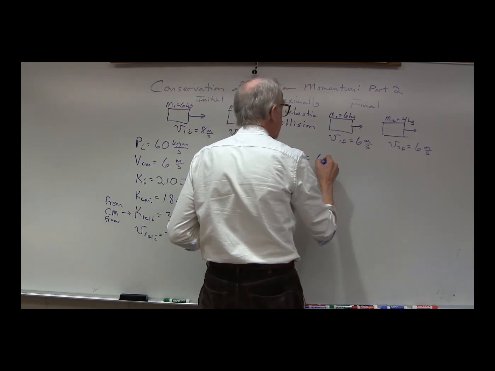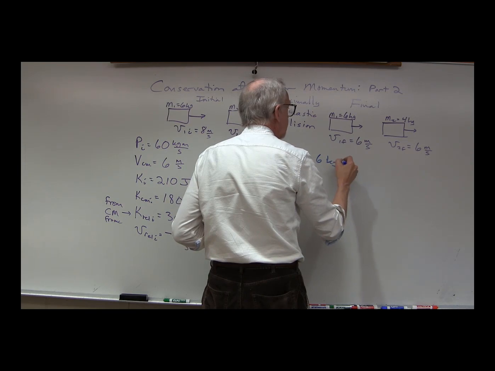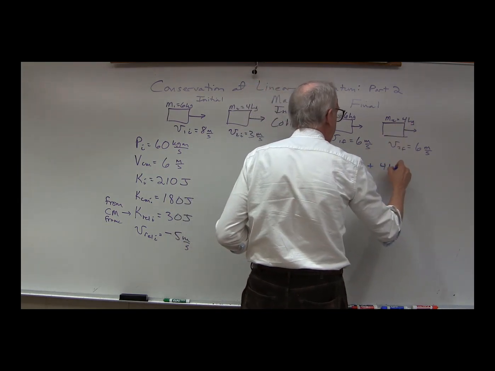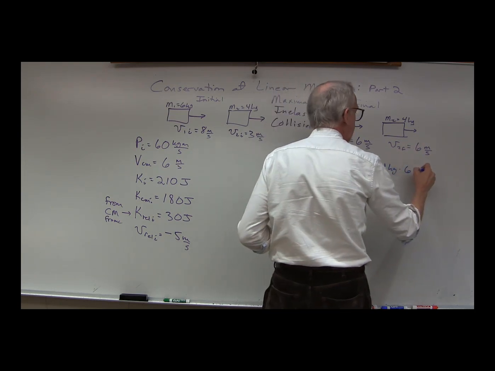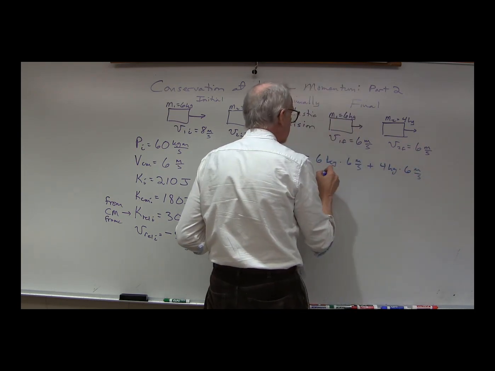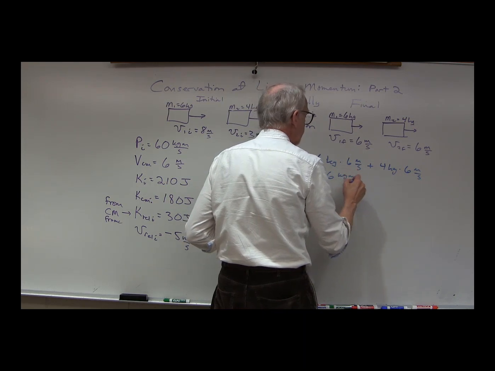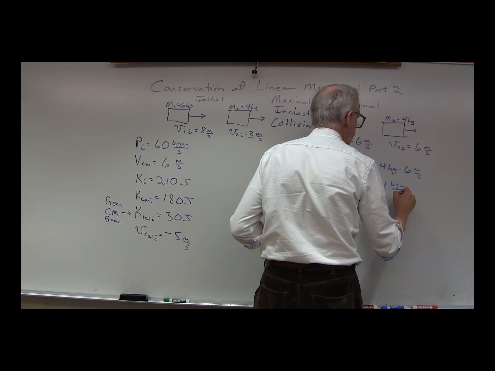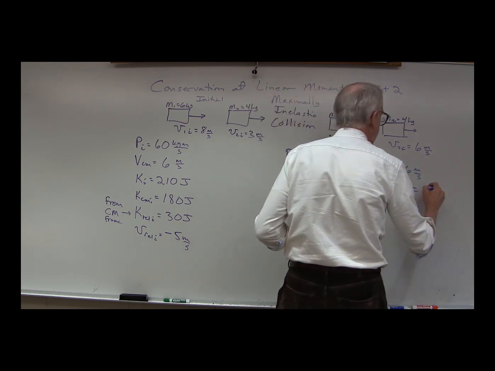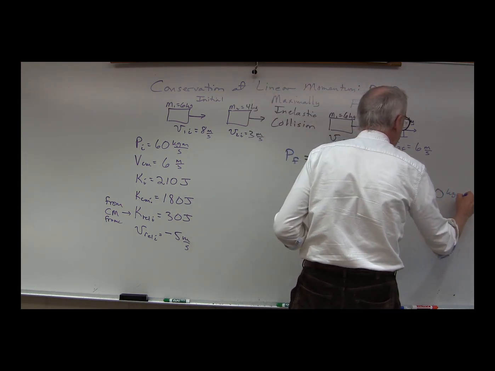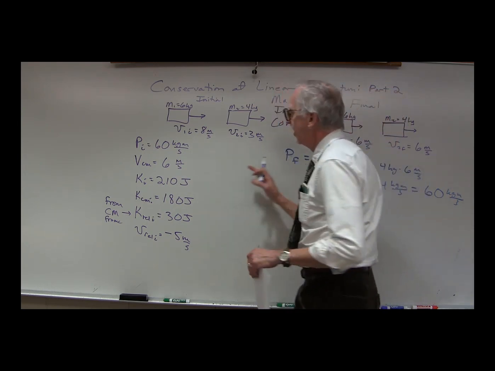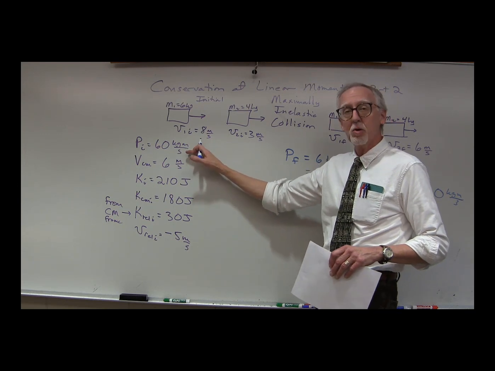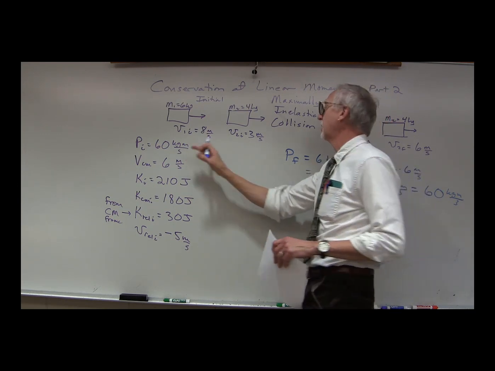So 6 kilograms times 6 meters per second plus 4 kilograms times 6 meters per second equals 36 kilogram meters per second plus 24 kilogram meters per second. 36 plus 24 is 60 kilogram meters per second. Once again, same final total momentum as the initial total momentum, as we would expect.